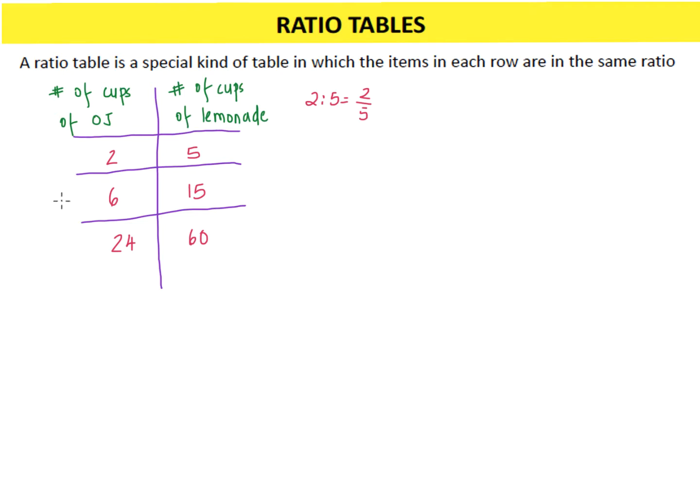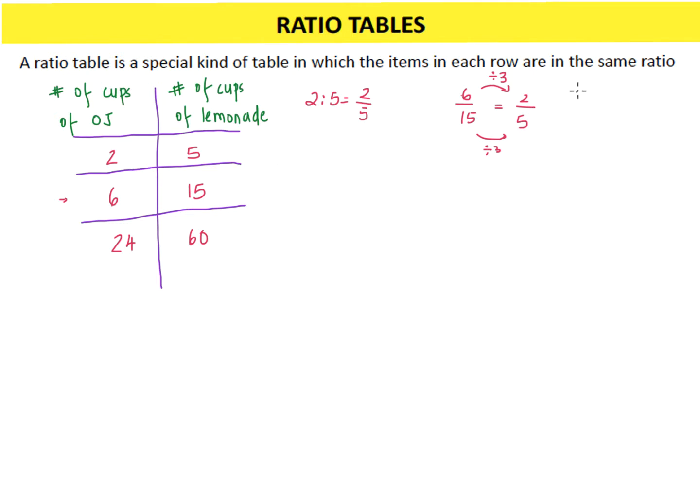Now, if you look at the second row, the ratio is 6:15, and if we simplify this by dividing by 3 on both sides, you will get 2/5 again. And let's look at the third row.